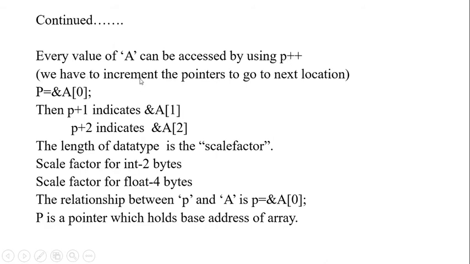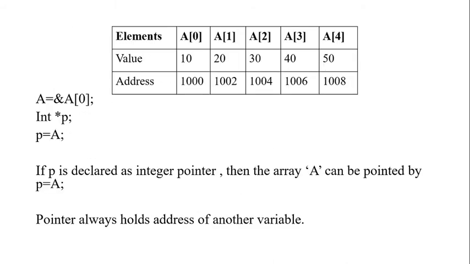We have to increment the pointer to go to the next location. So p is equal to ampersand a of 0, then p plus 1 indicates ampersand a of 1, p plus 2 indicates ampersand a of 2. So the length of the data type is the scale factor. So what is the scale factor? The length of the data type is the scale factor. Here the array is an integer array. So the scale factor is 2. That's why the address is incremented by 2.